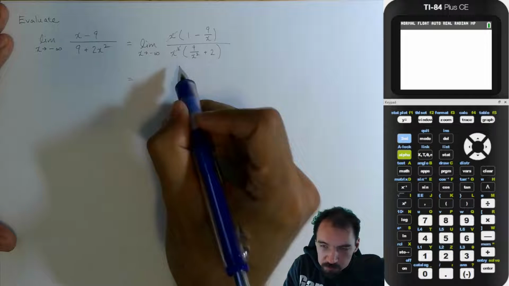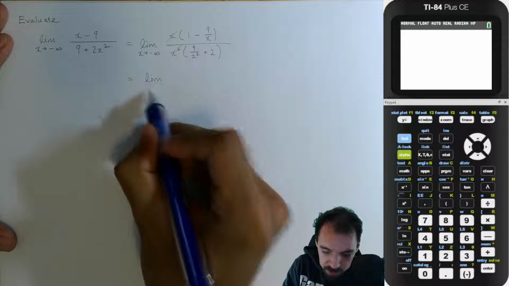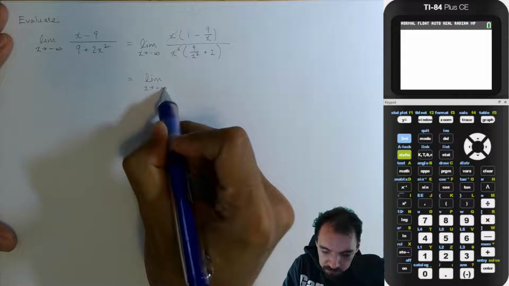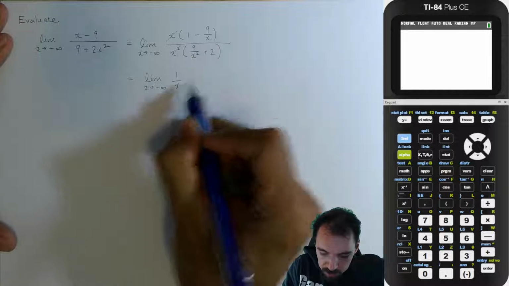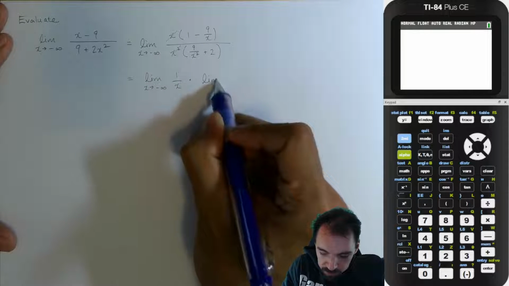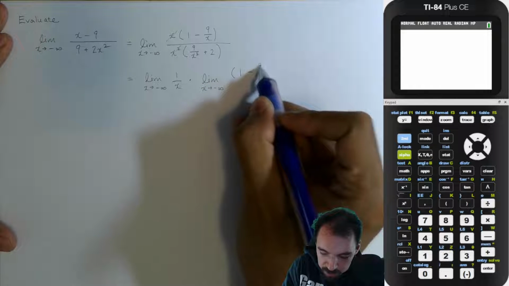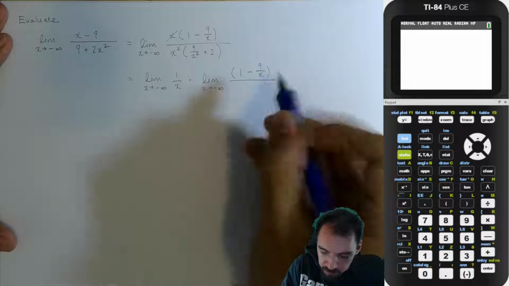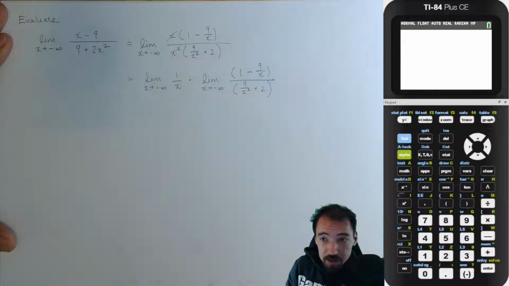So from here, can't I rewrite this in the following way by saying this is the limit as x approaches negative infinity of 1 over x multiplied by the limit as x approaches negative infinity of 1 minus 9 over x, like so.